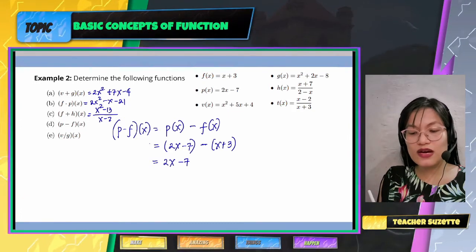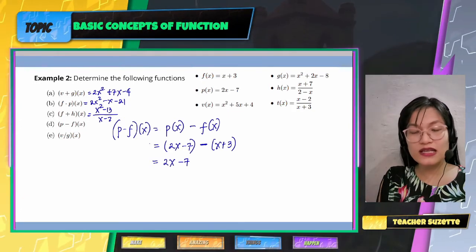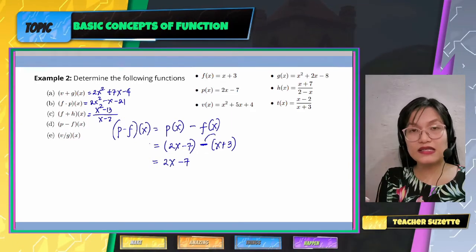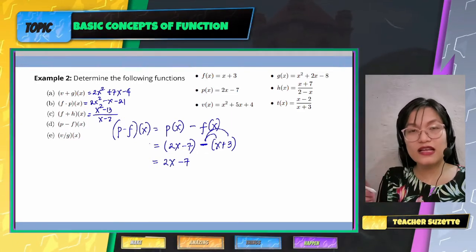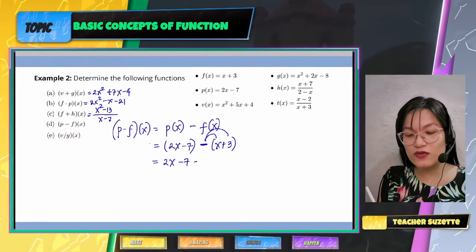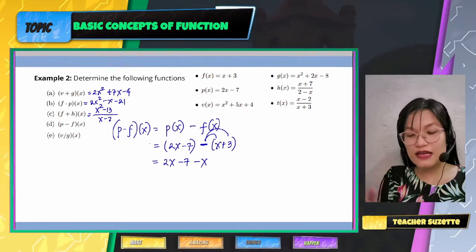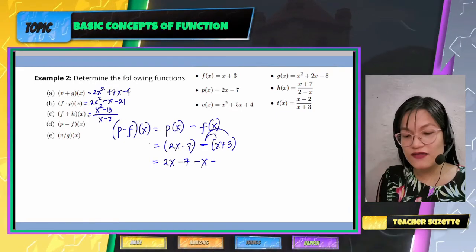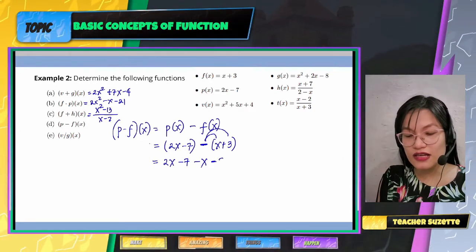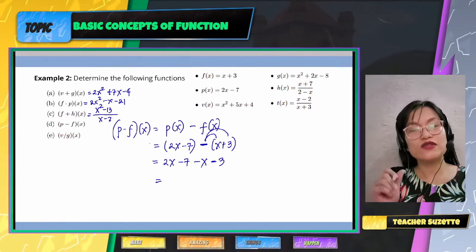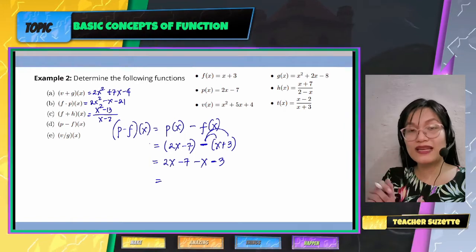Then, this minus or negative, we distribute to our terms x plus 3. So, negative times positive x, you will have negative x. Then, positive 3 times negative, you will have negative 3. Then, to get our final answer, to simplify, we are going to combine the like terms.